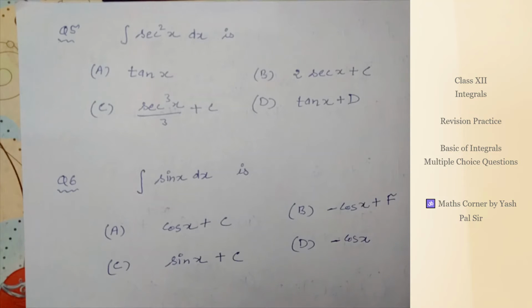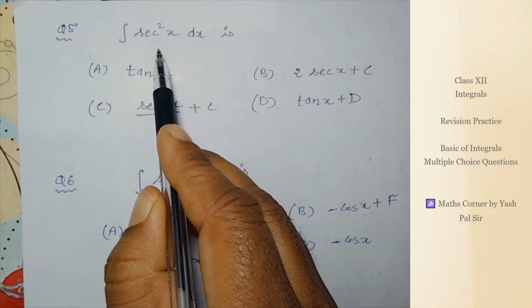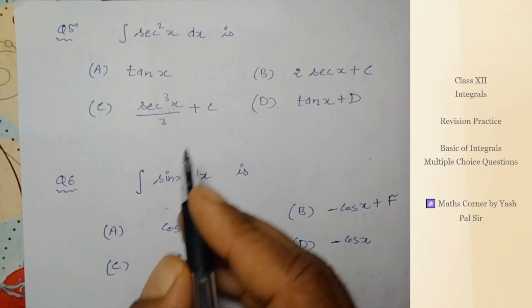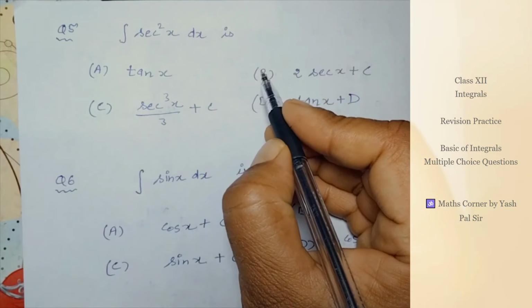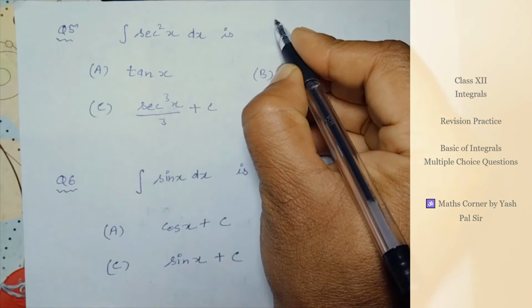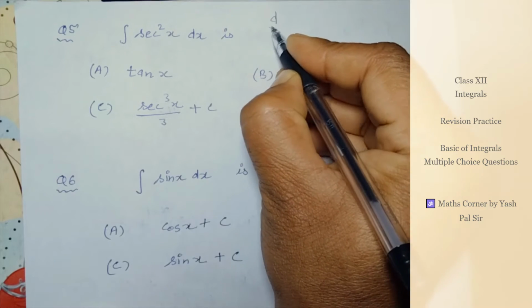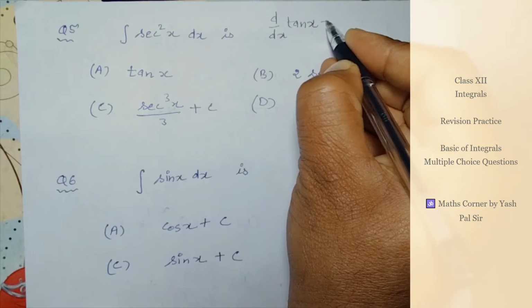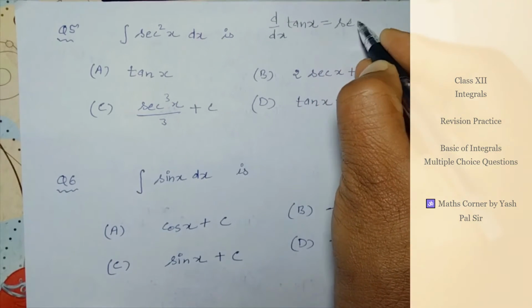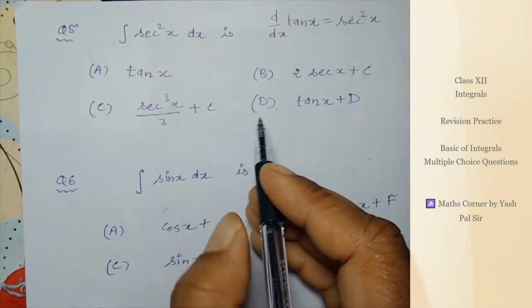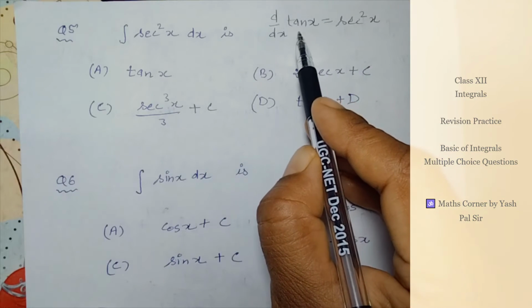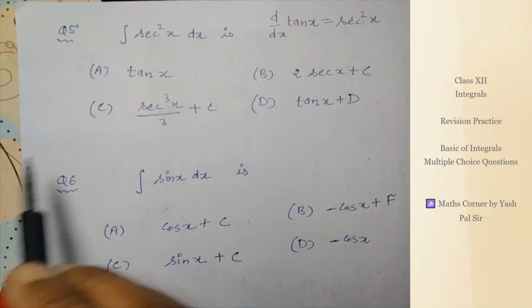Now we have question number 5, secant square x dx. What is the integration? This is very much clear, that we know the derivative of tangent of x is secant square of x. Also we know that integration is the antiderivative process.